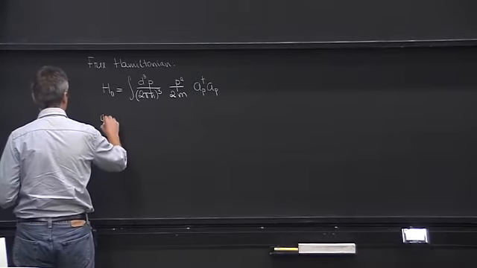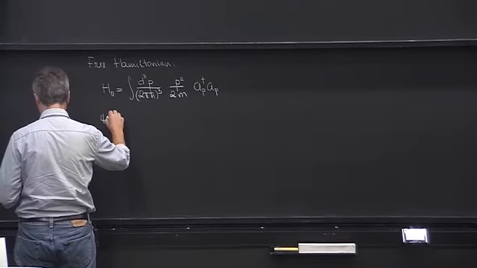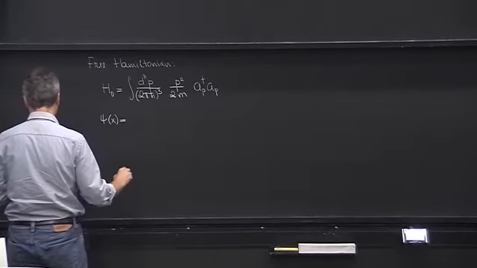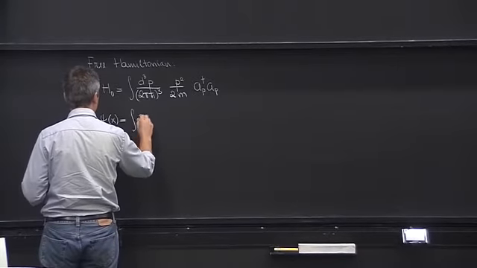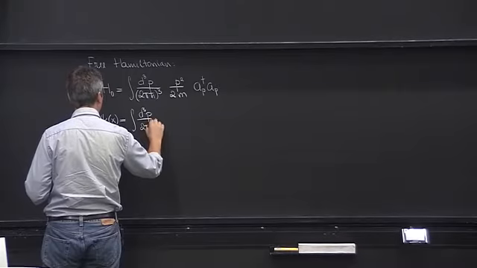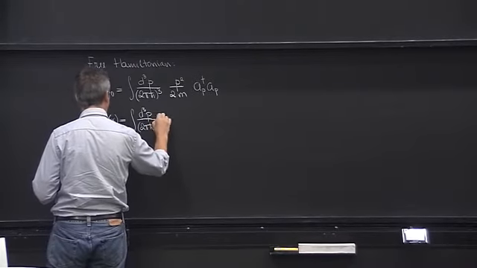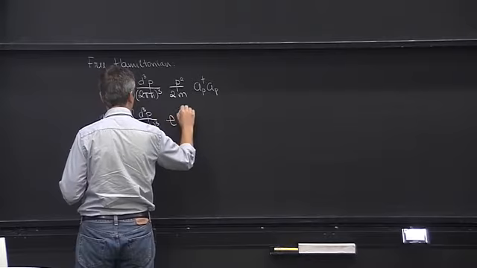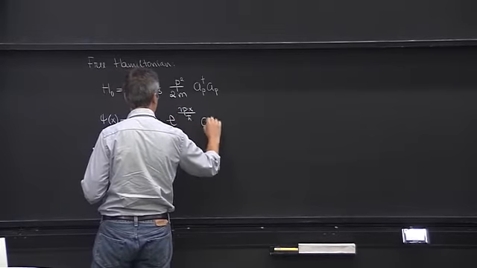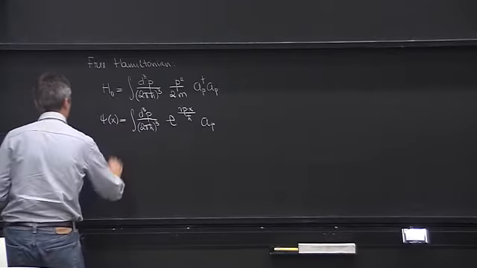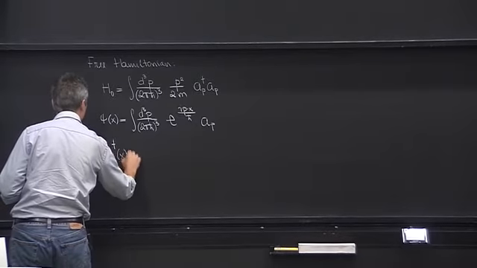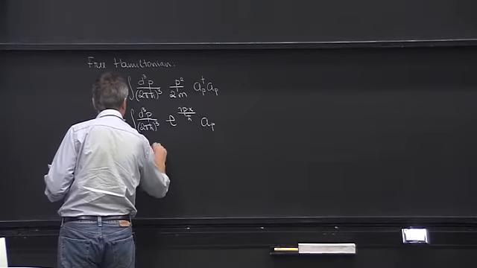So we can introduce an object which we'll call psi of x, which is just the Fourier transform of the annihilation operator. And its conjugate is the Fourier transform of the creation operator.